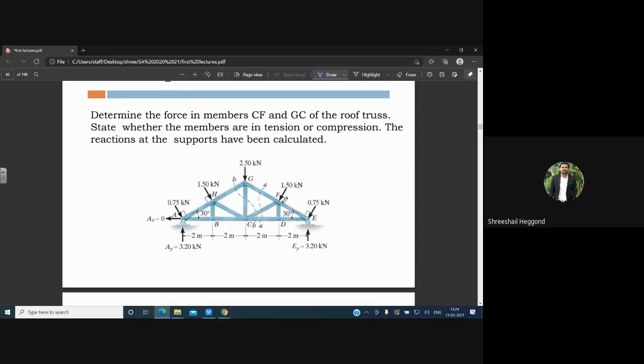You need to calculate CF and GC. For these two members, you need to calculate the member forces. Is it possible by considering a single section? Is it possible to solve the numerical? First, identify that, if you are considering only one section in which only 3 members are possible to consider.